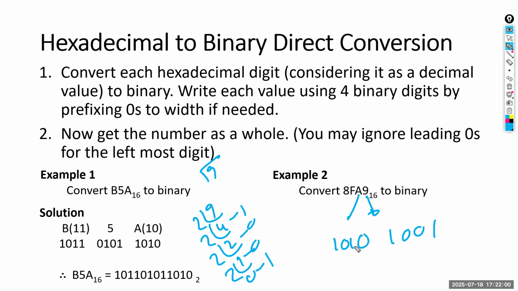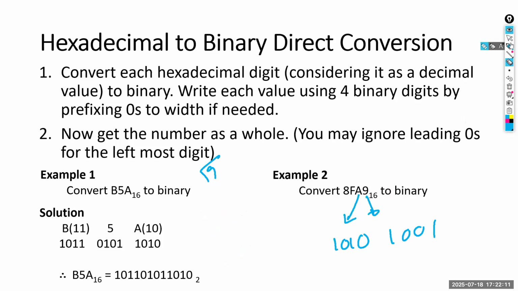And of course, 8 plus 2. There are different ways you can think quickly. So then F is obviously the biggest number. F is 15, that is obviously 1, 1, 1, 1. 1, 2, 4, 8, 16 minus 1. So 8 is obviously 1, 0, 0, 0.